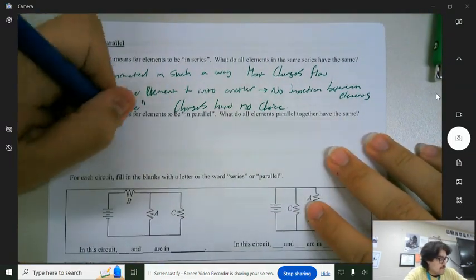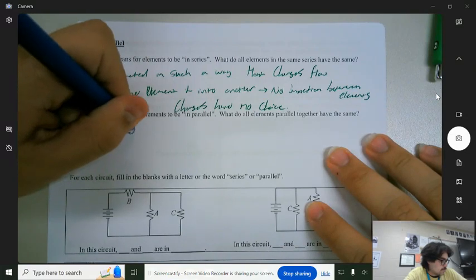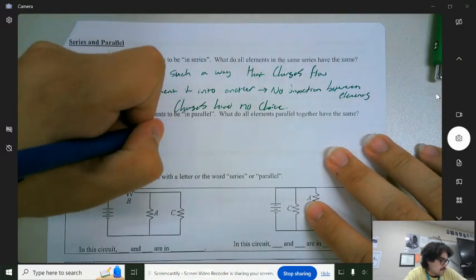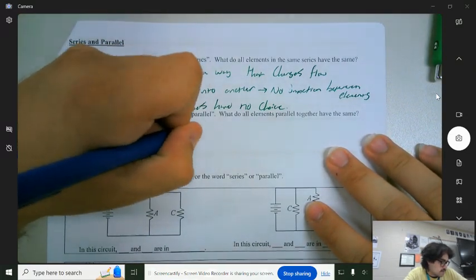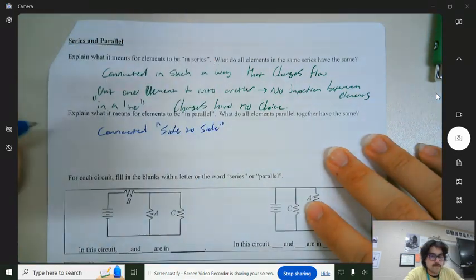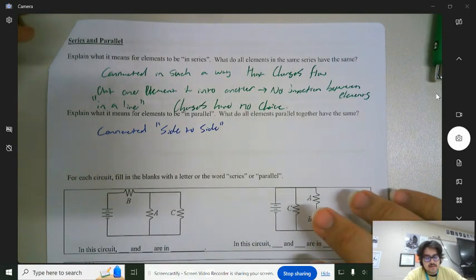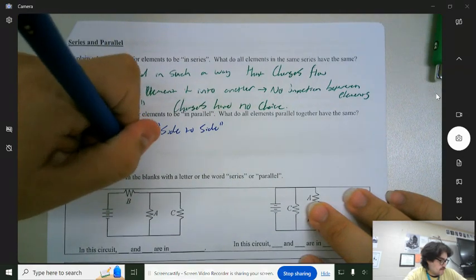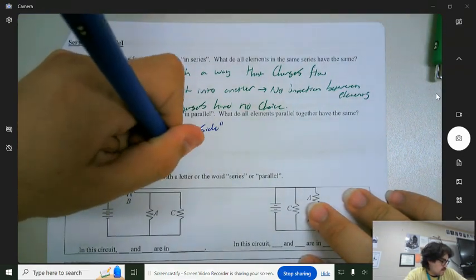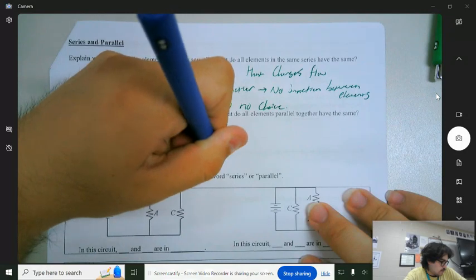But parallel means that it's connected in a way that we would maybe call side to side. So elements are connected in parallel, side by side, and this means that charges have an exclusive choice.